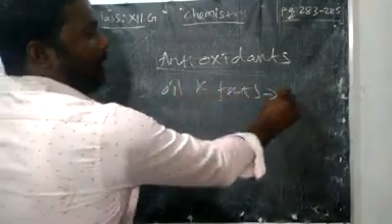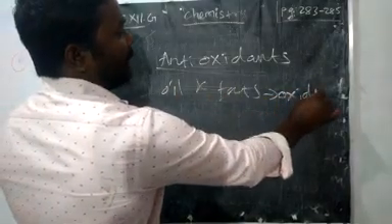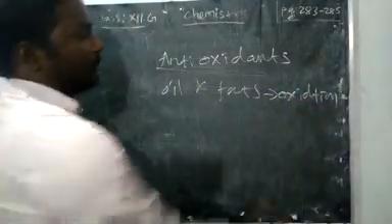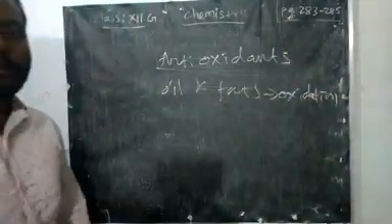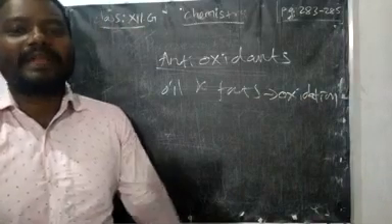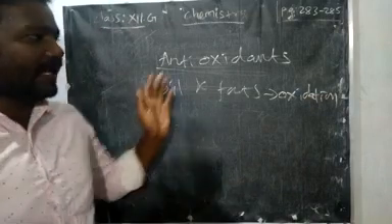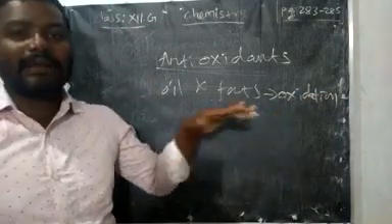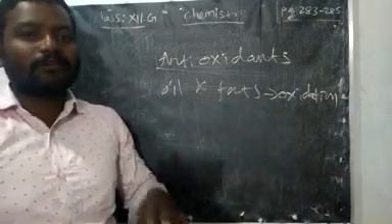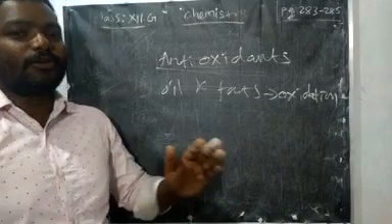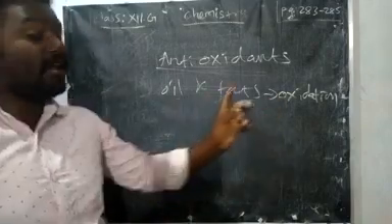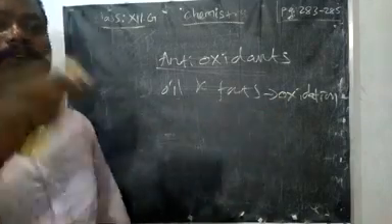Because of the oxidation of oil, which undergoes some reactions, the food may spoil. So we can prevent the spoilage, or keep the food for some time, by controlling this oxidation reaction of the oil and fats present in the food.